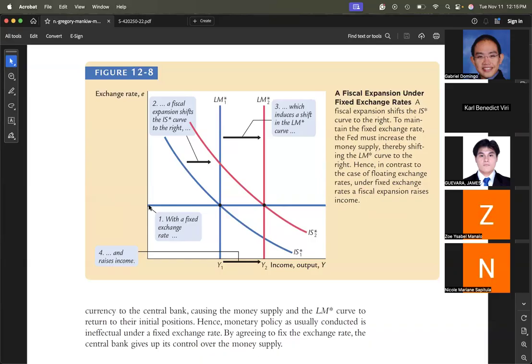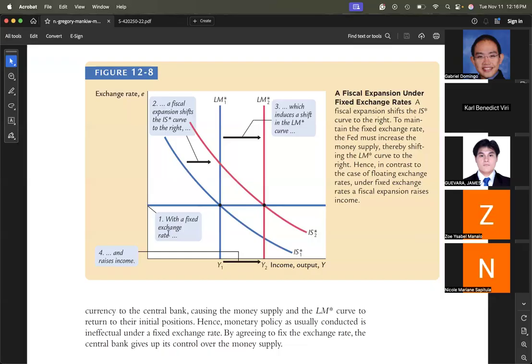LM curve can shift to the right directly by an increase in money supply because alam ni government or ni BSP that they have to do it. Okay. Or what's also as likely or possibly to help things go along, traders will start to sell their foreign currency to get domestic currency, increasing the money supply also.